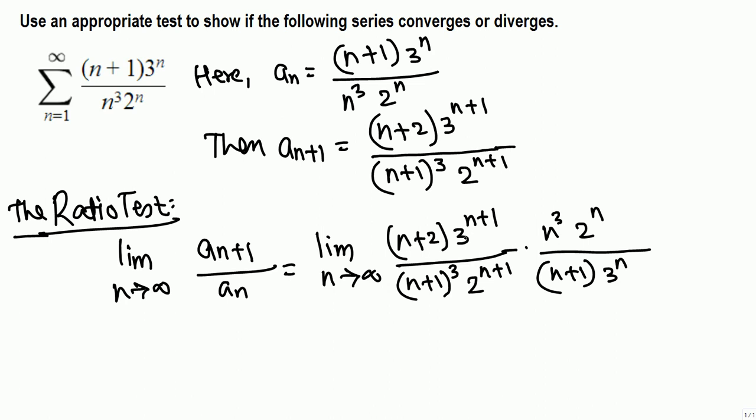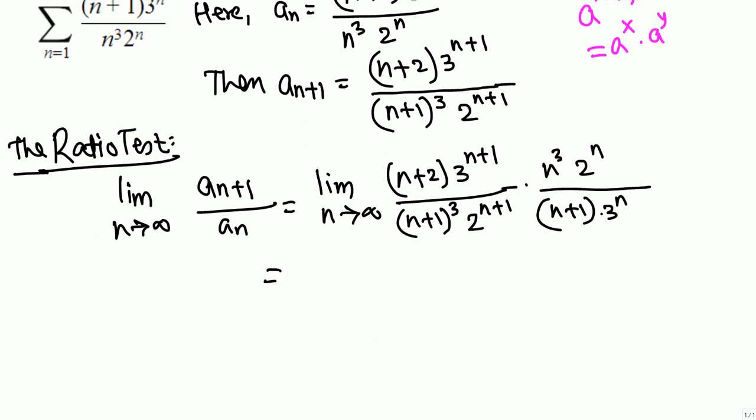Now we want to factor 3^(n+1). If you have a raised to x plus y, that's the same as a^x times a^y. So this is the same as 3^n times 3^1, and 3^n we can cancel because everything is in product. So let me write that in the next step.